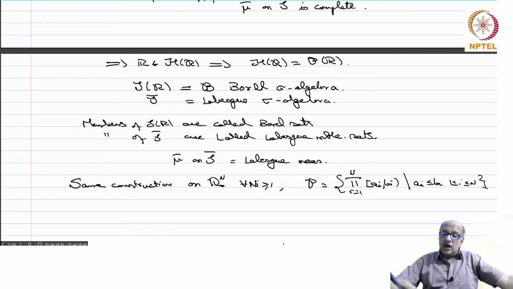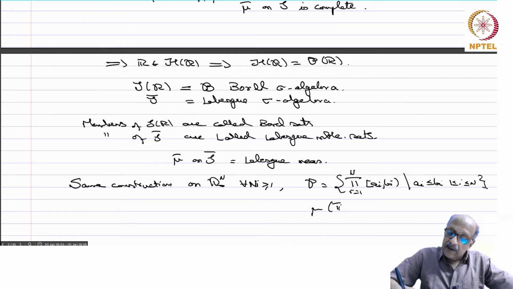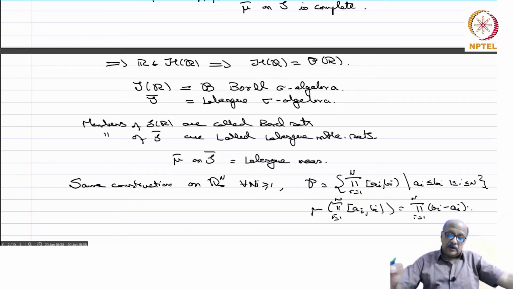And then you do the ring, and then you do the measure, and mu of the product of (a_i, b_i] is nothing but the product over i equals 1 to n of b_i minus a_i. So in other words, the Lebesgue measure in R is the extension of the notion of length, and in R2 it is the extension of area, R3 volume, and so on and so forth.